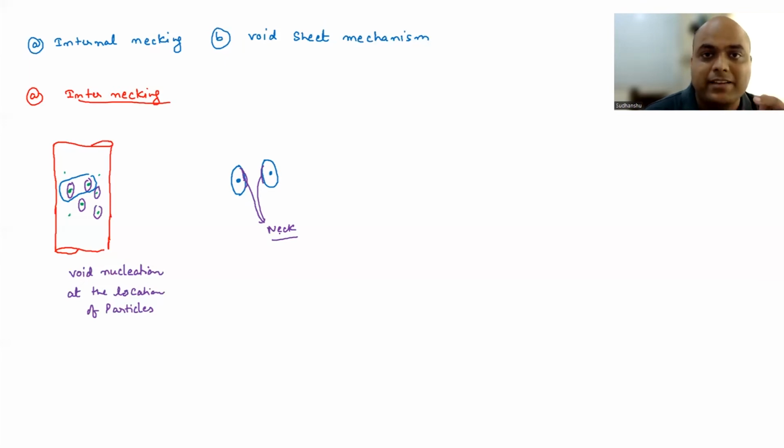And remember, if you correlate this neck with the notch, there is a stress concentration between the neck region. And that is what you also observe during uniaxial tensile loading. So as soon as there is a neck formation, it acts like a notch. So there is a stress concentration, and because of the stress concentration, you have triaxiality.